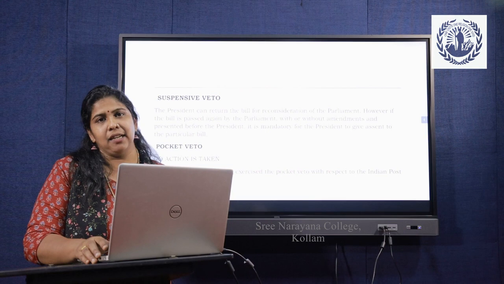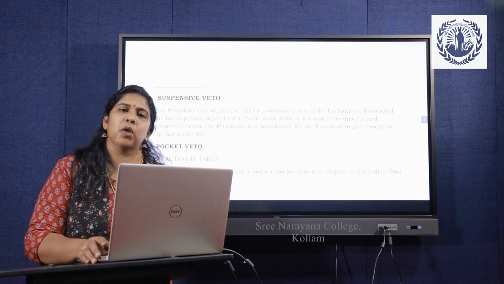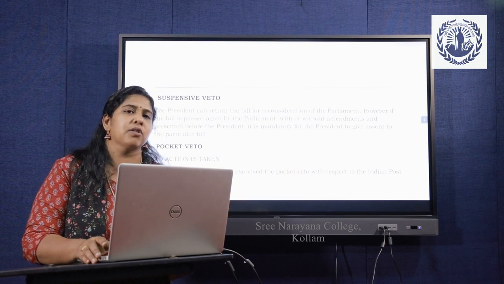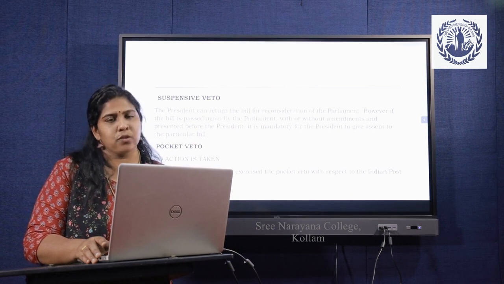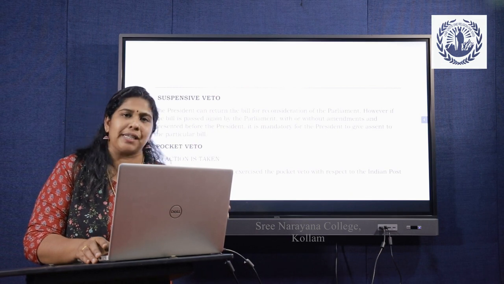After reconsidering or not reconsidering, the parliament can send the bill again for the President's assent, and the President should sign or give sanction to the bill. This returning power is known as suspensive veto.